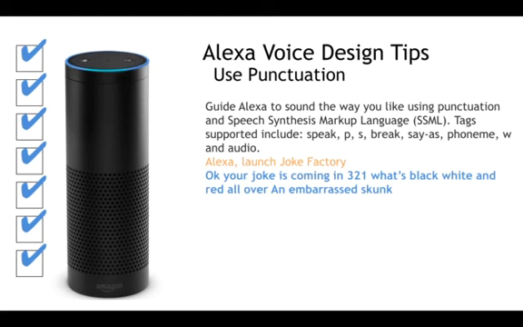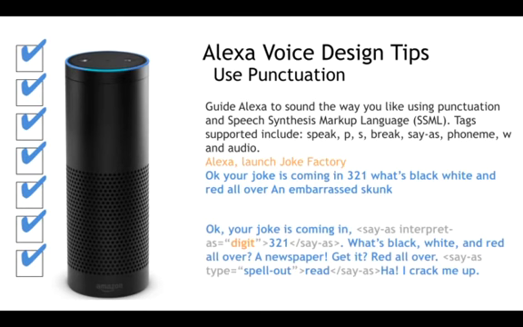So we have what we call Speech Synthesis Markup Language, and it allows us to control how she reads certain things. What we did here is we took the same joke and just added the markup language. So, okay, your joke is coming in 3, 2, 1, because we're interpreting this as digits, and then we have a period here that's going to give us a pause.